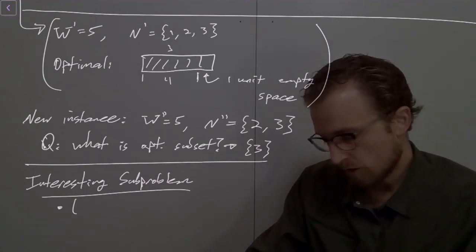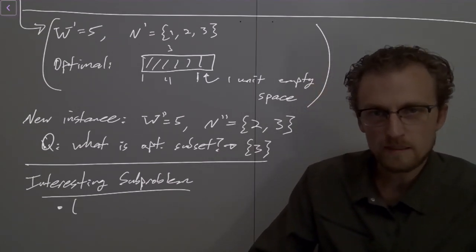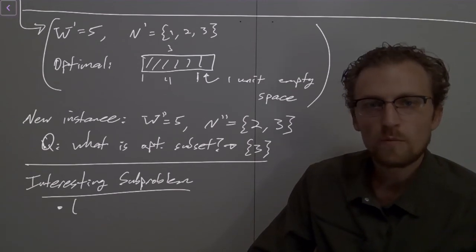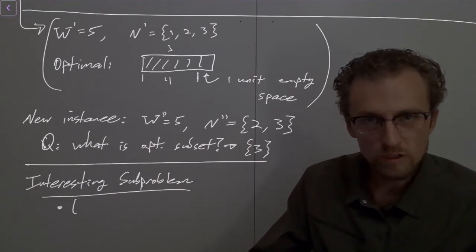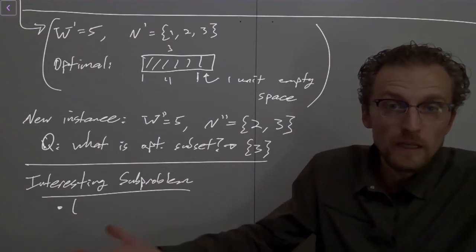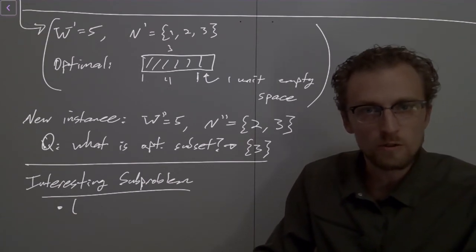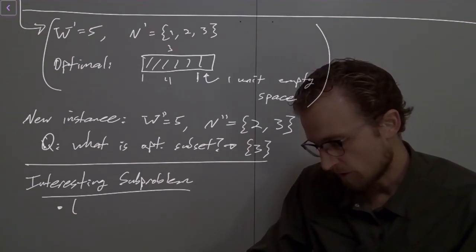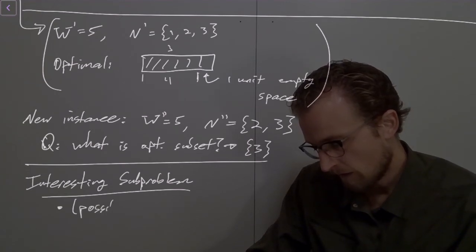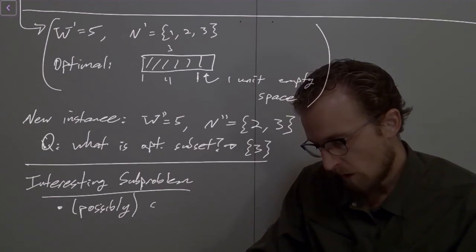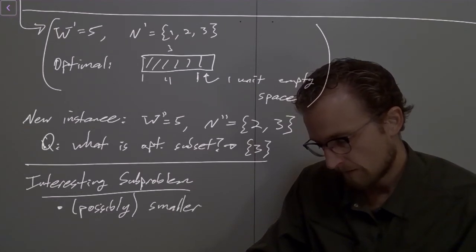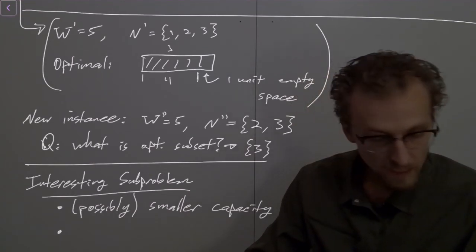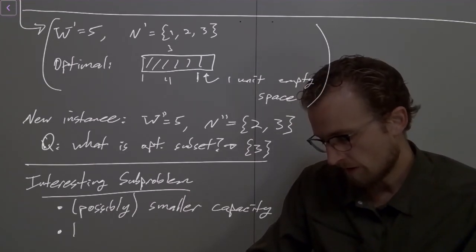One, there could be possibly a smaller capacity. To generate an interesting subproblem, we may or may not reduce the capacity of the knapsack, depending on whether or not an object is being used in the optimal solution. So: possibly smaller capacity. And then second, one fewer item available.